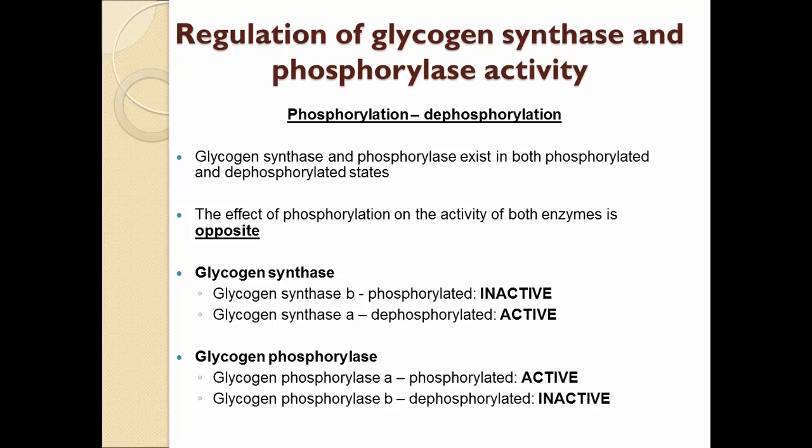For example, glycogen synthase, when it's phosphorylated, is actually inactive, but glycogen phosphorylase, when phosphorylated, is active. So it depends on the enzyme, right? And similarly, glycogen synthase when dephosphorylated is active, and for glycogen phosphorylase, dephosphorylation leads to inactivation. So just a kind of concept.